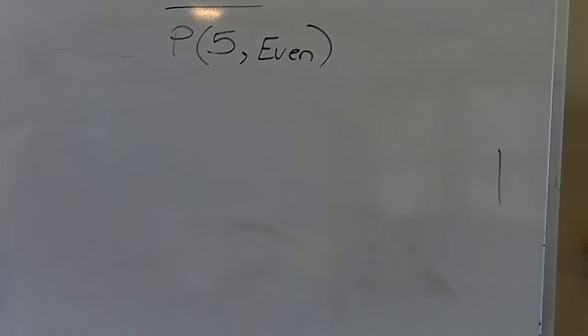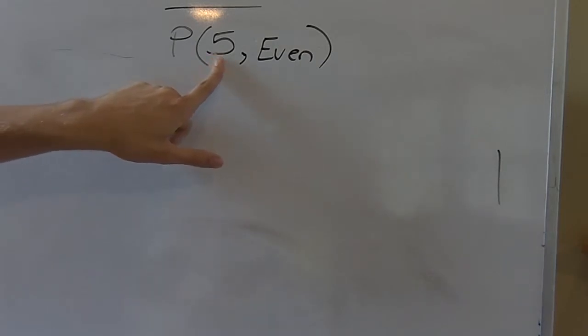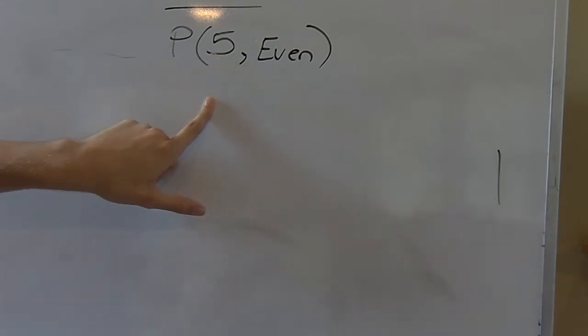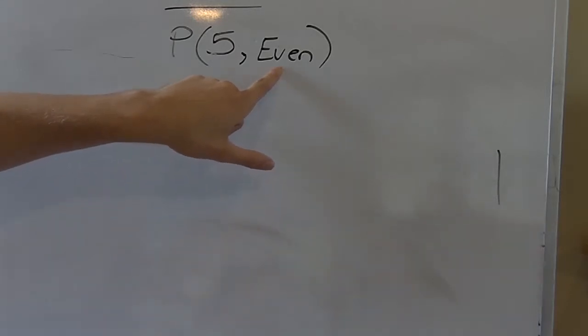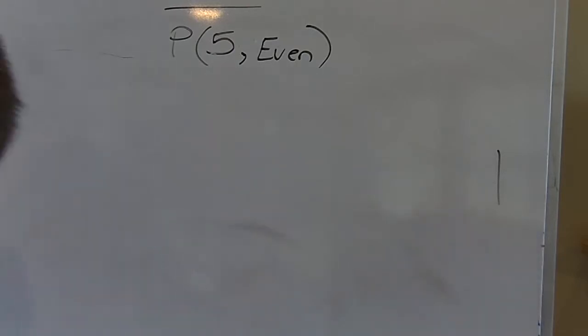And so really the key here is when you have mutually exclusive events, when you have that or in there, at that point, you are looking to add. You're going to find the probability of getting a sum of 5, and you're going to add it to the probability of getting a sum that is even.